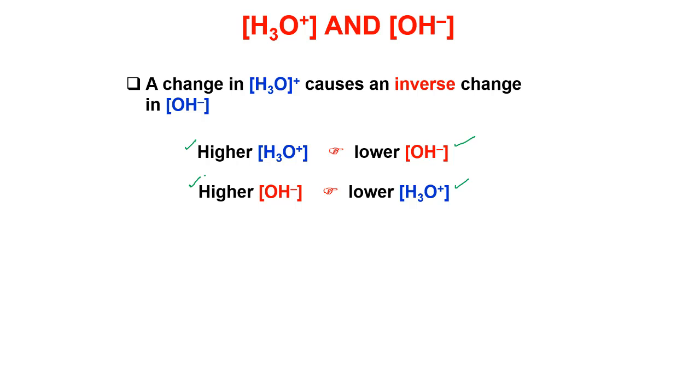Tetapi the product of their concentration always equals 1.0 times 10 to the power of negative 14. Maksudnya hasil darab concentration of hydronium ion times concentration of hydroxide ion still lagi constant, iaitu 1.0 darab 10 kuasa negatif 14. Right? Okay.